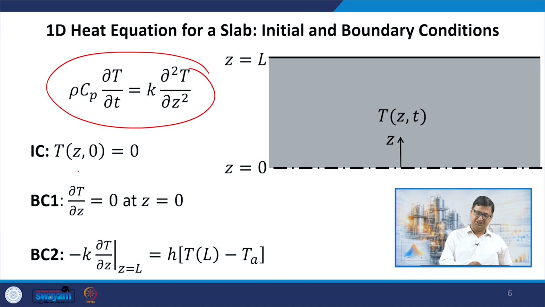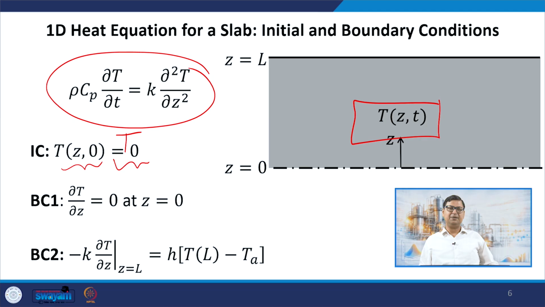One initial condition, so I am defining temperature as T, a function of Z and t. So at small t equal to 0, T(Z, 0) becomes the initial condition, and that is equal to some T naught.